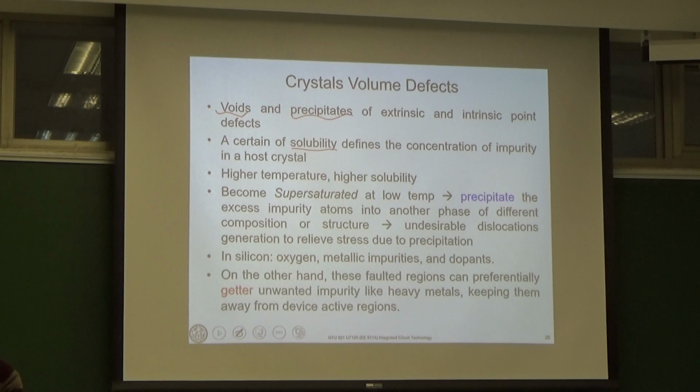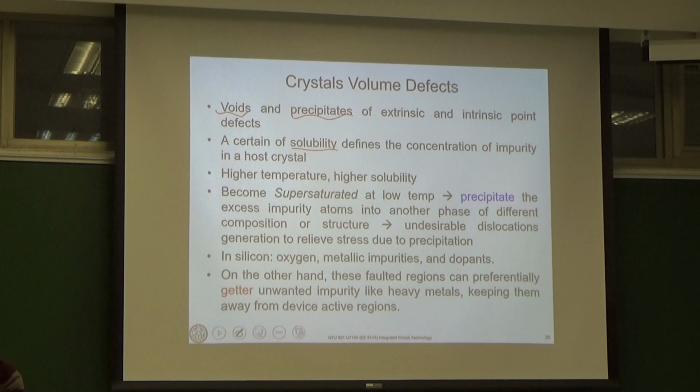You put a lot of salt into your water and you heat it up, and you can dissolve a lot of salt. But when you cool down, it becomes like a supersaturated solution. So the salt can be easily precipitated when you cool down the temperature.